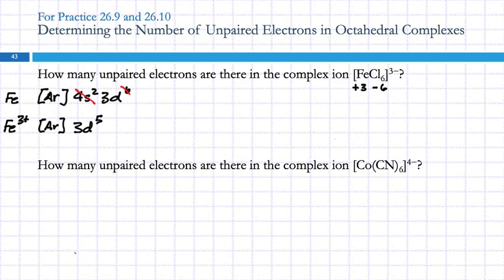And then we're going to look at that splitting. So we're going to have 3 low and 2 high. And when we go to put the electrons in here, we go 1, 2, 3, and then the 4th one needs to make a choice. Am I going to pair up with this guy, or am I going to go up there?